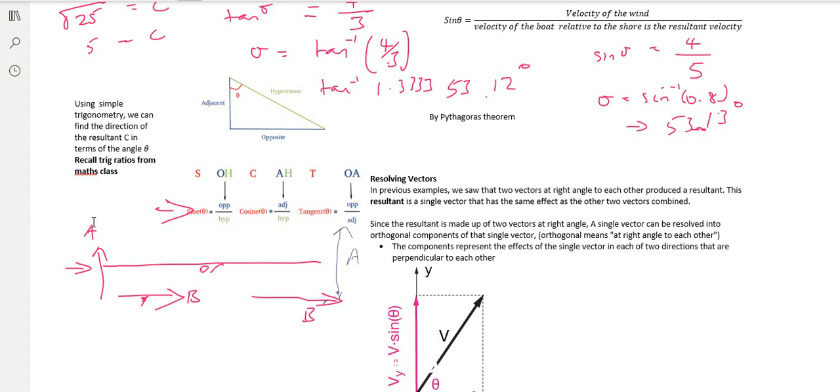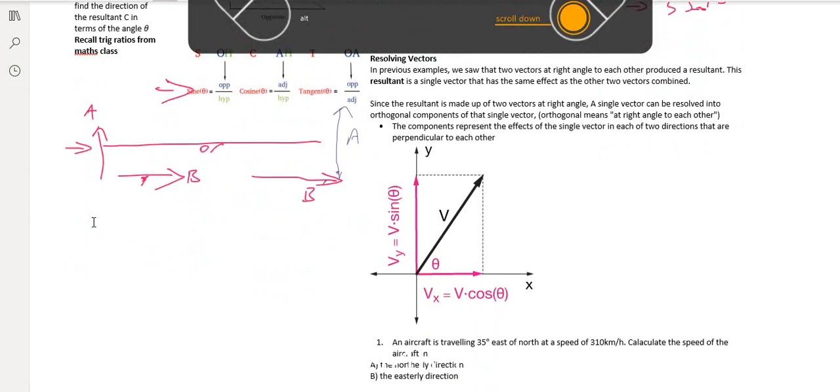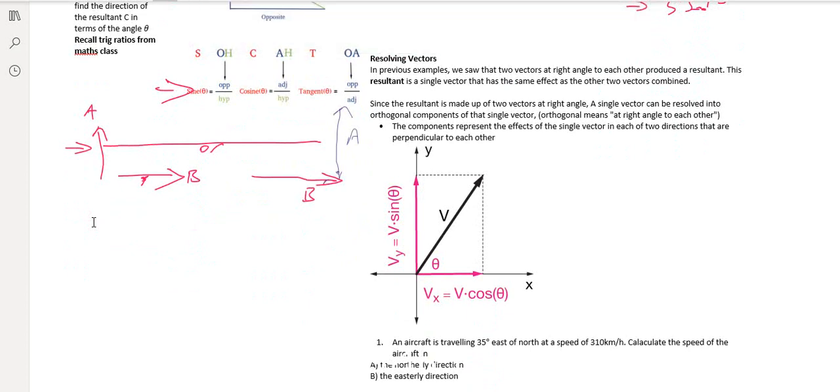Now we can also look differently at vectors. When we look at two vectors that are at right angle, those two vectors are going to produce a resultant, a single vector.